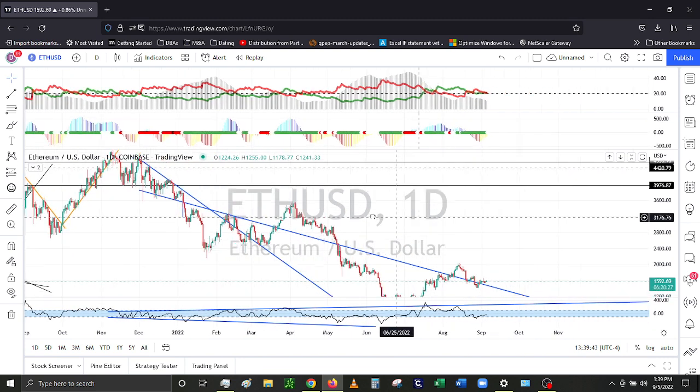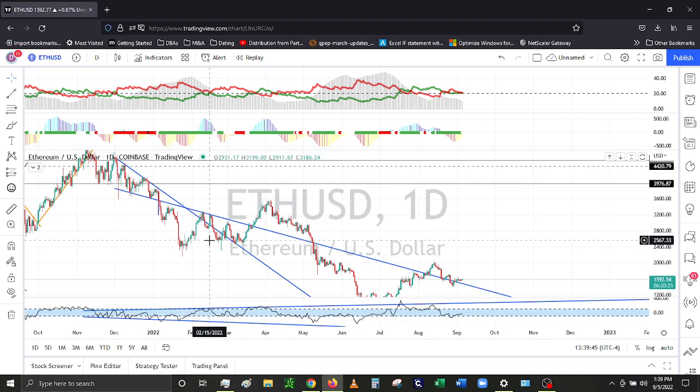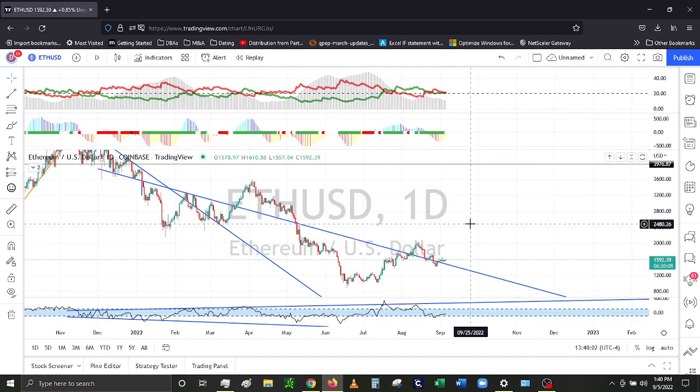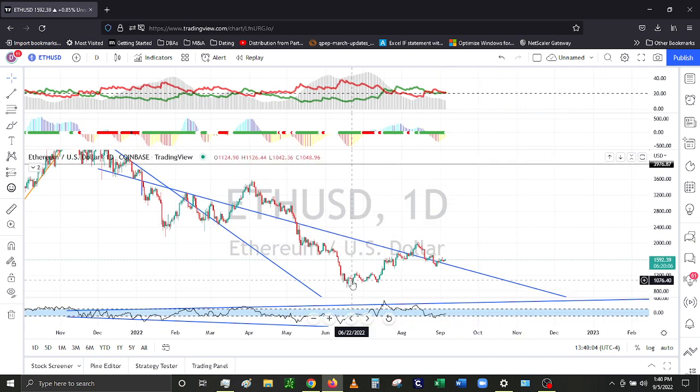Typically, when the bottom trend line's flat and the top is descending, it's more likely to break out downside, because that top trend line pointing down implies it's going to go downside to the next lower degree, and as you can see, it did.